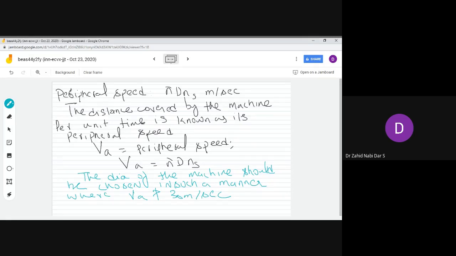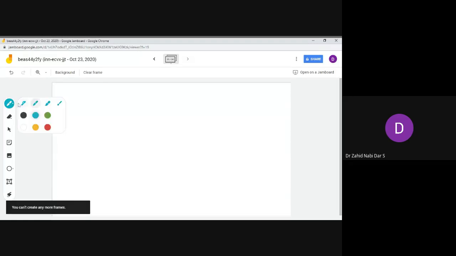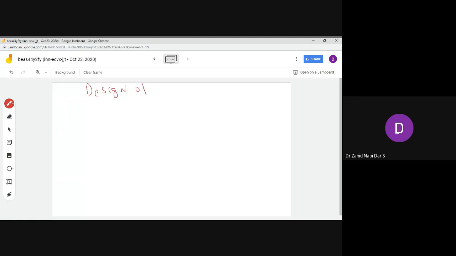Now let's go for the design of the stator winding and see how the stator winding design will form. So now we understood the three-phase induction motor output equation and the factors that govern the three-phase induction motor, and we discussed those factors. Now let's go for the design of stator.